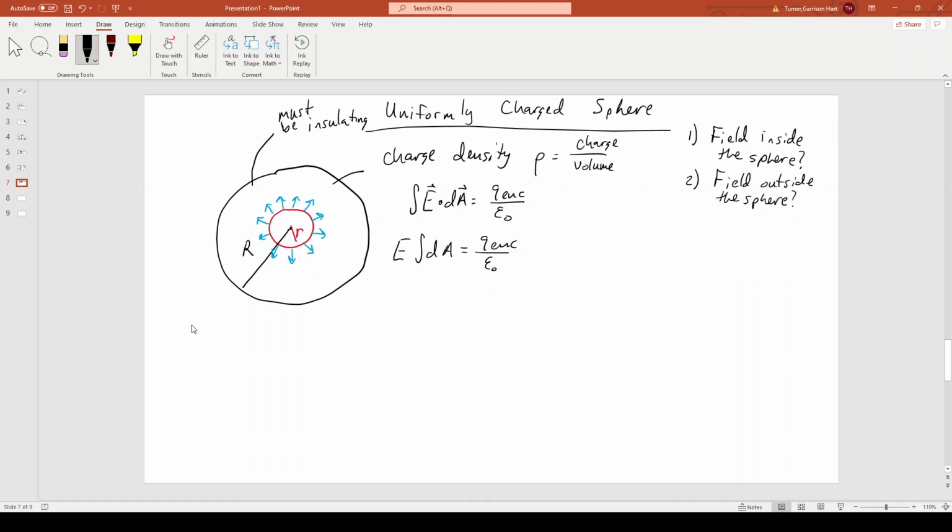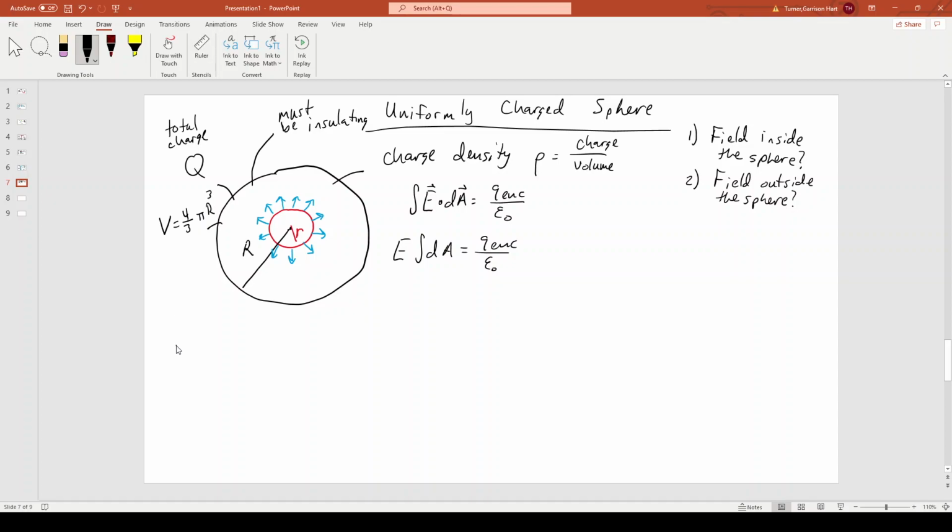So this is going to take just a little work, but bear with me. Let's let the total charge on the sphere be capital Q. The volume of my charged object is going to be 4/3 pi R cubed.